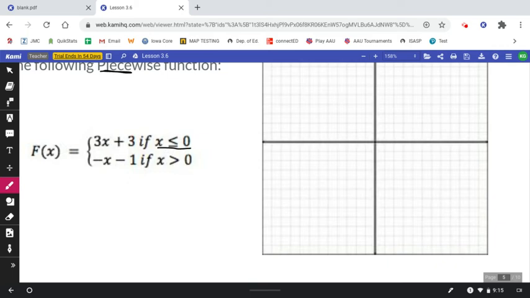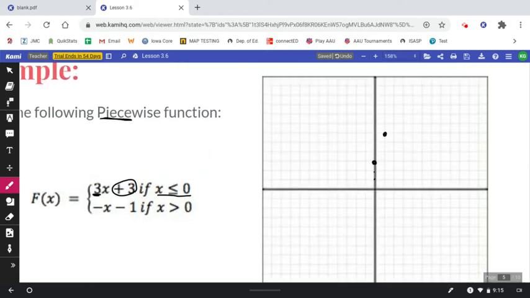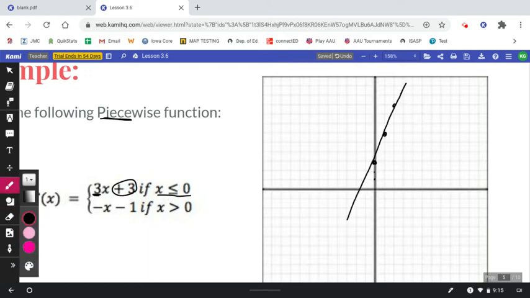So for this equation, my slope is 3 and my b-intercept is positive 3. So I'm going to start at positive 3, go up 3 over 1, up 3 over 1, up 3 over 1, and there would be my graph. Oops, I only went 2. But again, they only want this function for all values that are x less than or equal to 0.